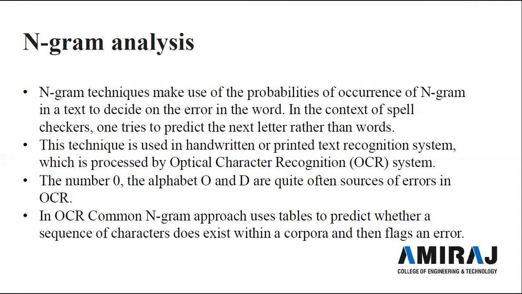If it is not in the sequence that it should be, then it will flag an error, it will generate an error, right? So in OCR, an n-gram table is built, and then they will try to predict the next character. They will form sequences of these characters, and if it is not in the given sequence, they will flag an error.